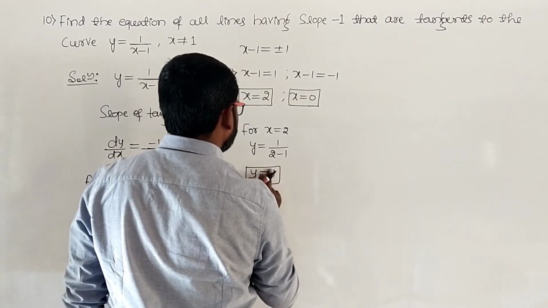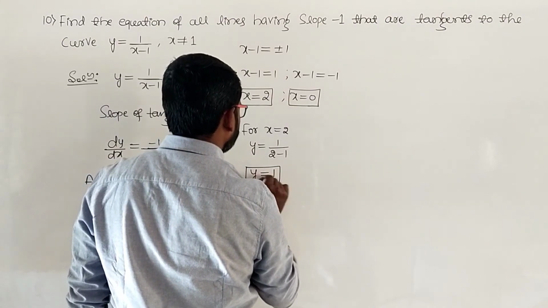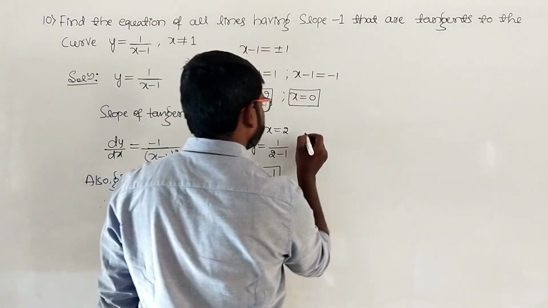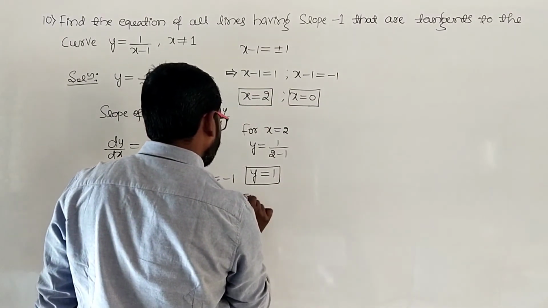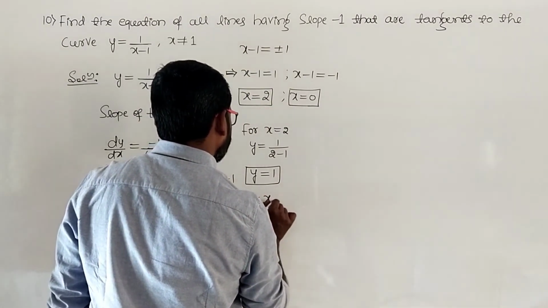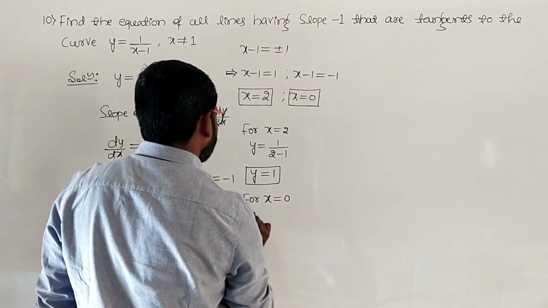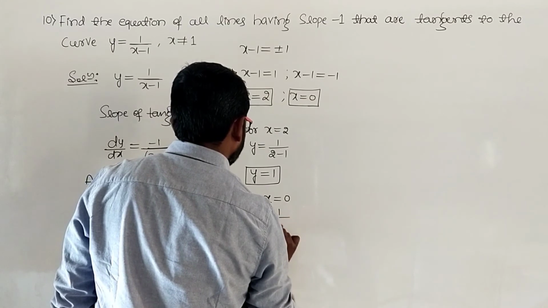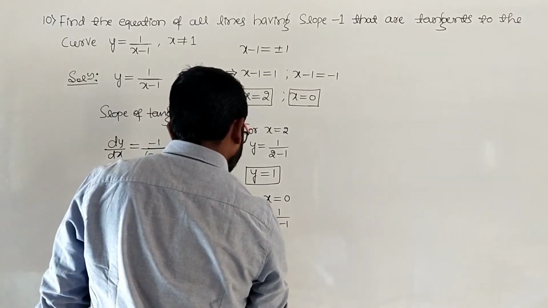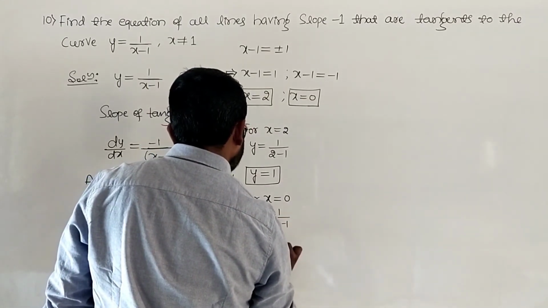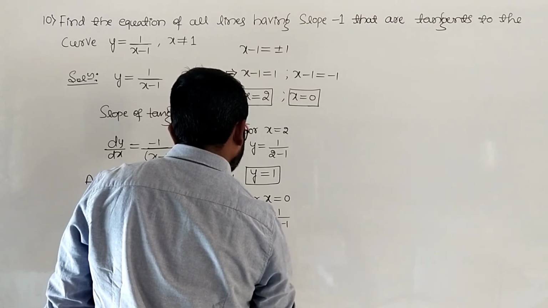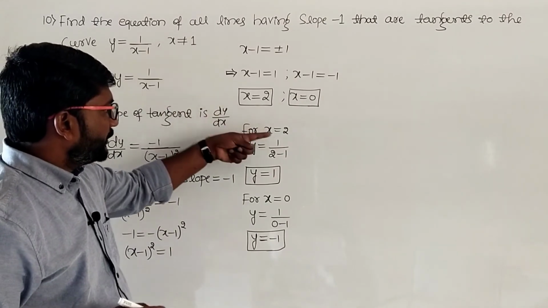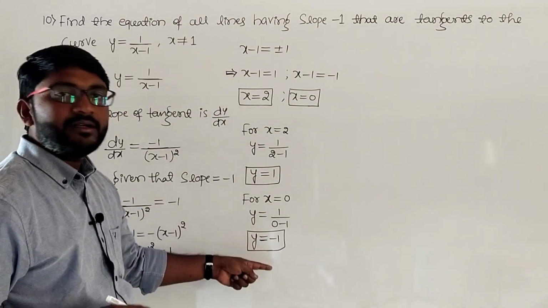Y value 1 is done. Then for x equal to 0, what happens? For x equal to 0, y is going to be 1 divided by 0 minus 1, that becomes minus 1. So overall y it is minus 1. Therefore the points are 2 comma 1 and 0 comma minus 1.